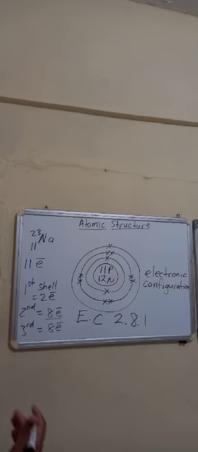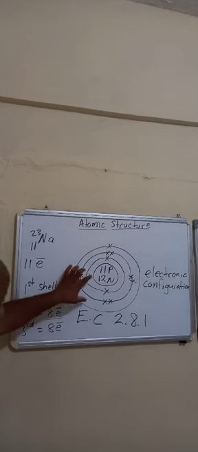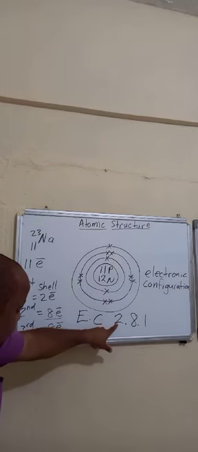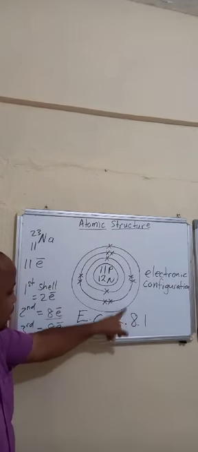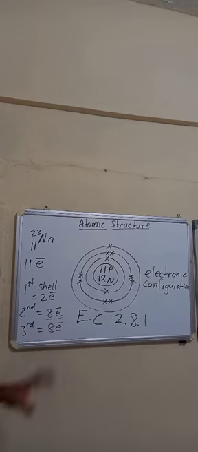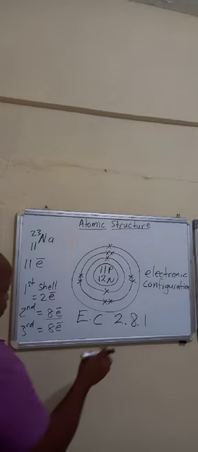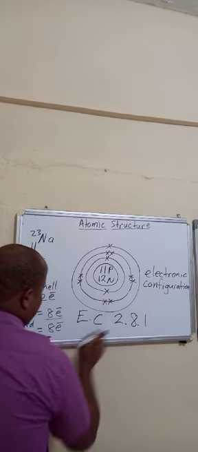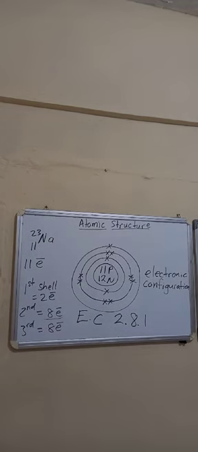So if you're asked for the electronic configuration of sodium, you will not put 288. In sodium, the first shell has 2, the second shell has 8, the third one has 1 electron. So that is the electronic configuration, 281. So we're going to work on the next example.